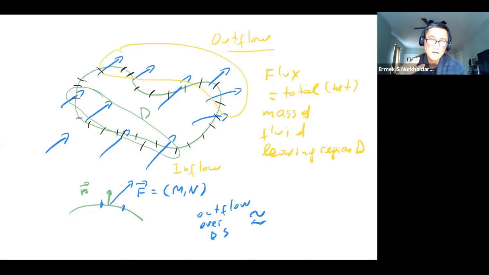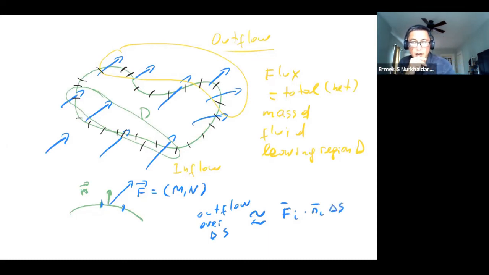To find the projection, we take the dot product between the normal vector and the function, and we multiply it by how much area, in this case length, we have.